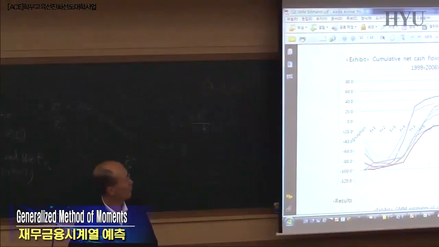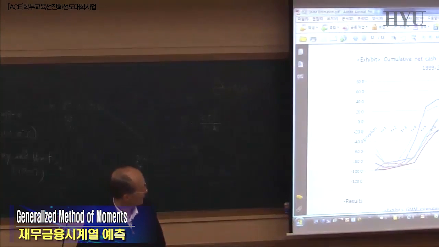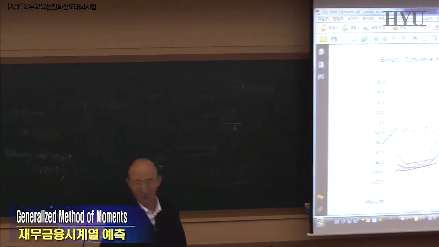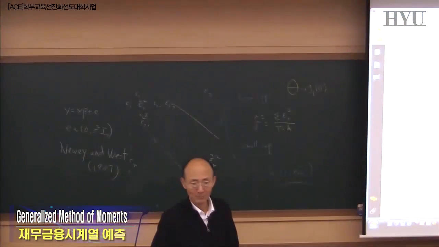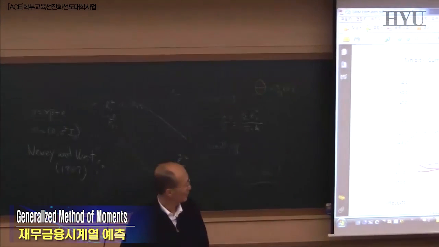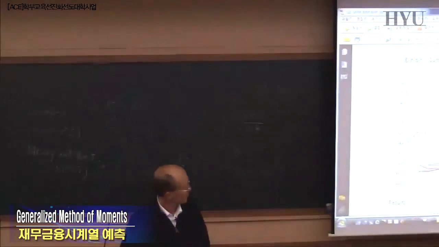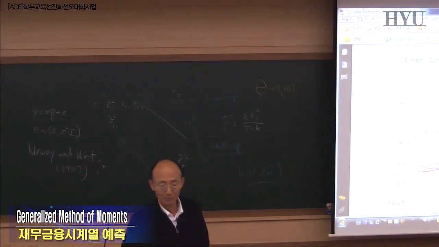So people want to know what would be the risk and return associated with this kind of net cash flow pattern. By investing in venture, you want to earn big as a return, but usually it takes time. Right?